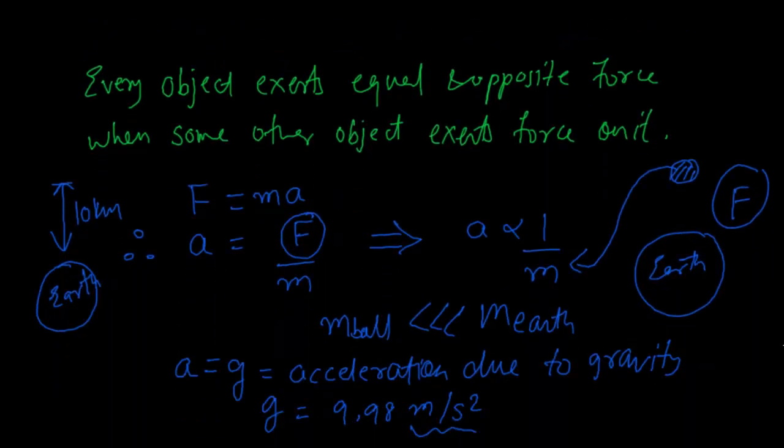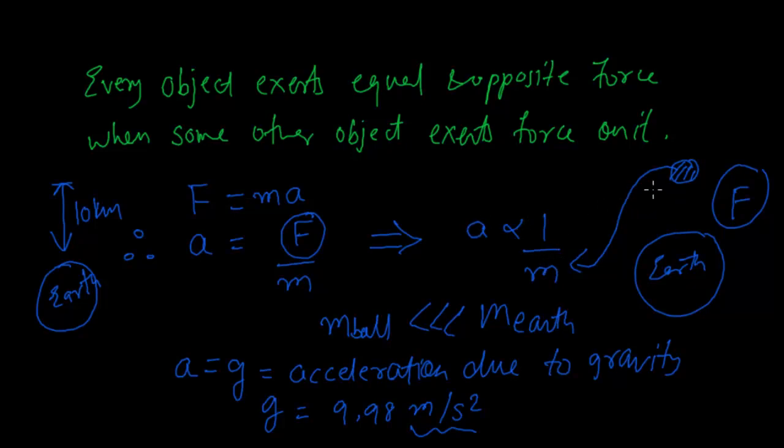But this thing really does not happen. Earth remains stationary and ball comes down. Why? That is because force is equal to mass into acceleration. Acceleration is equal to force upon mass. For a given force F, that is a constant value, because for this ball and this Earth, the gravitational force acting between them will remain constant. So acceleration is inversely proportional to mass.